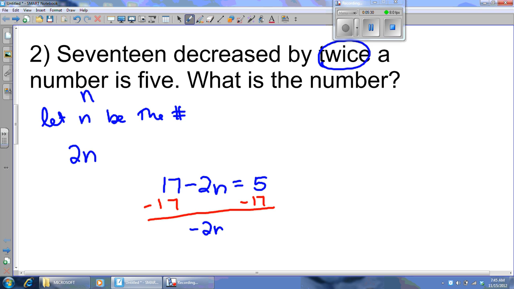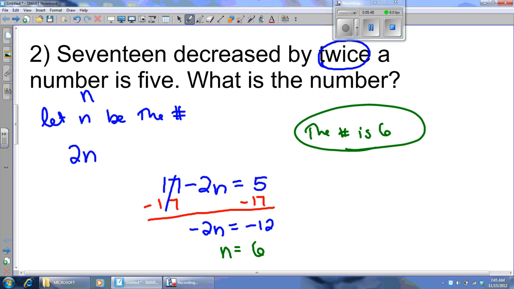All right, I get negative 2n, those cancel, and I get 5 minus 17, which would be negative 12. Dividing by negative 2, n will equal a positive 6. So the number is 6. So let me check it.